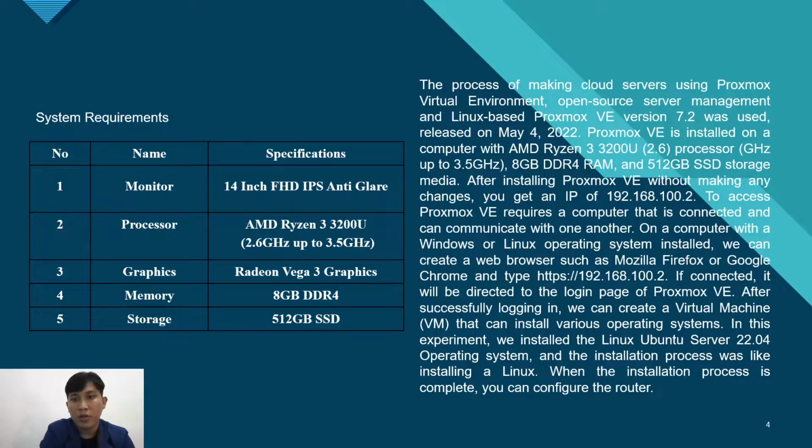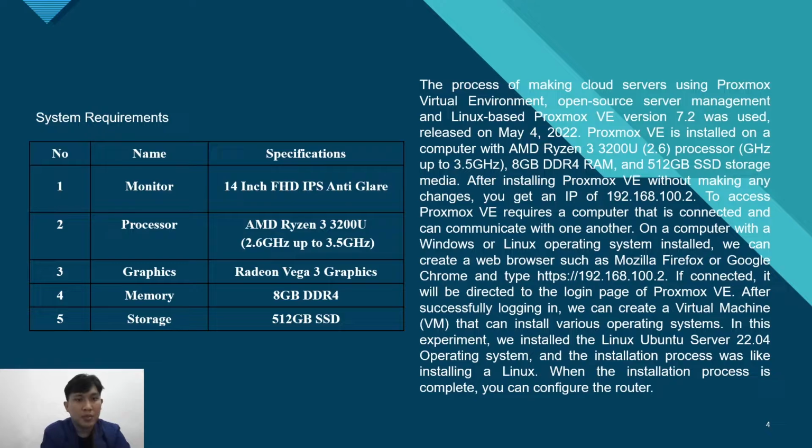Proxmox virtual environment version 7.2 was used, released on May 4, 2022. Proxmox virtual environment is installed on a computer with an AMD Ryzen 3 processor.